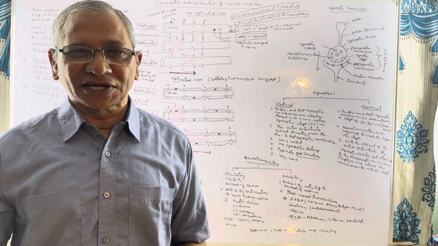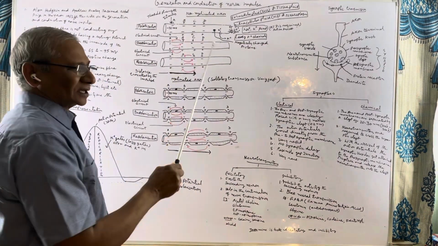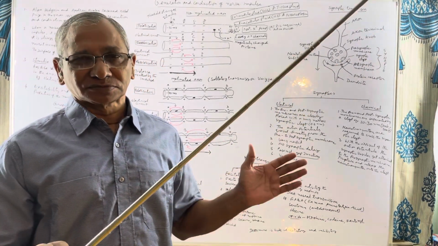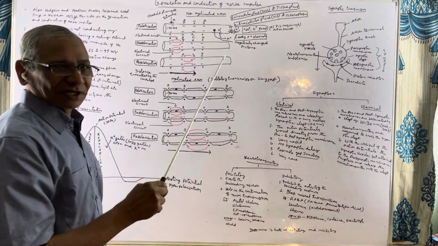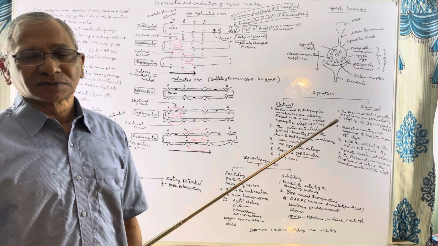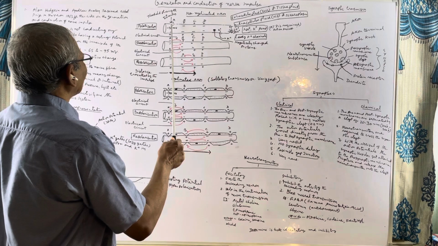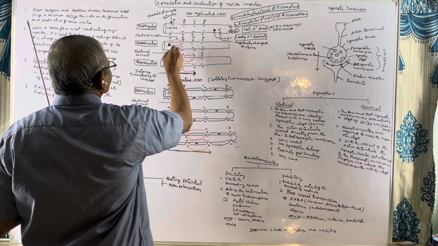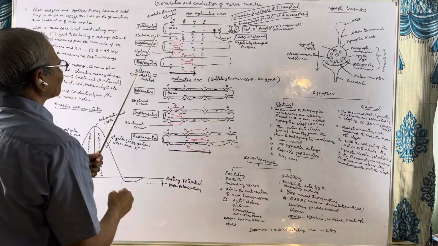When you apply a stimulus at point A, first the voltage-gated channels of sodium ions open, and sodium ions rush in from outside to inside at point A. Because of the influx of sodium ions, the polarity at point A is reversed. Outside it becomes negative and inside becomes positive.